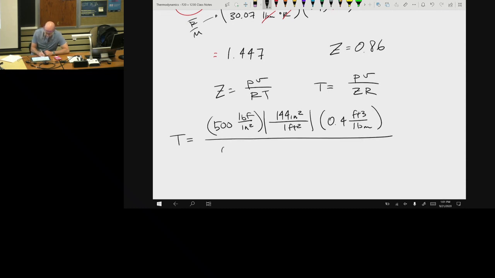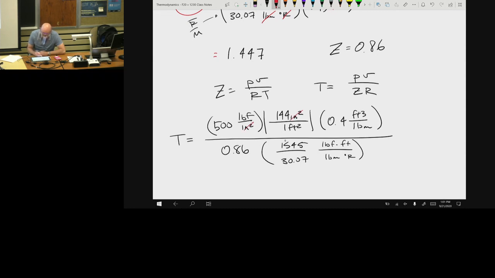My Z value was 0.86, and my R value is 1545 divided by 30.07 pounds force feet all over pound mass degree Rankine. Okay, now this one's going to have units. It has to have units of Rankine when I'm done with it. Let's see if it gives me that.